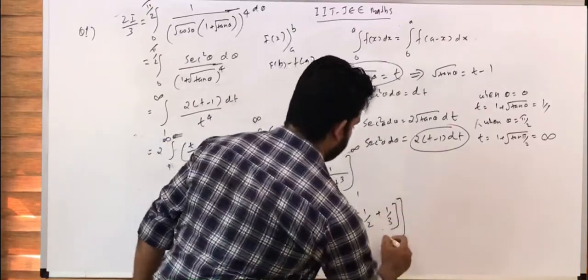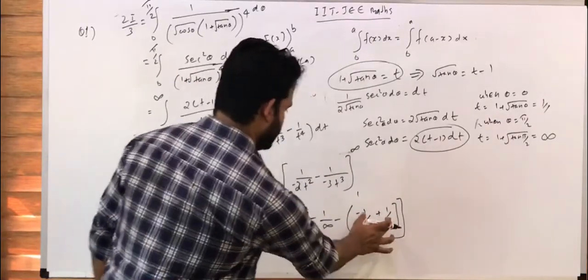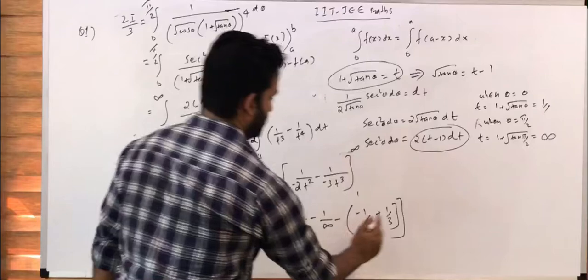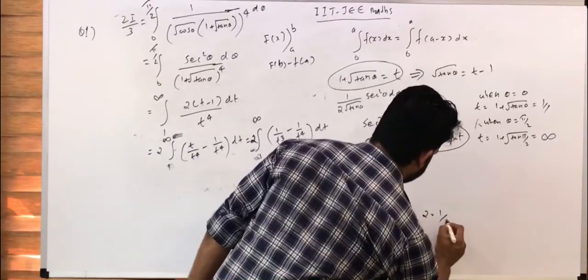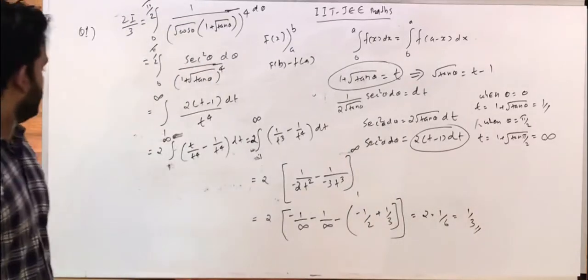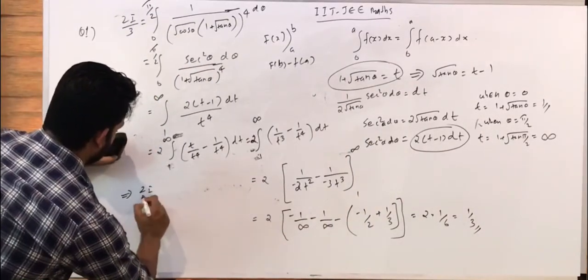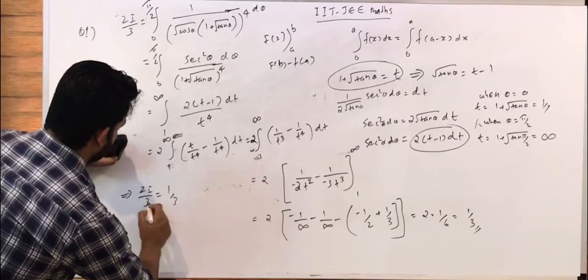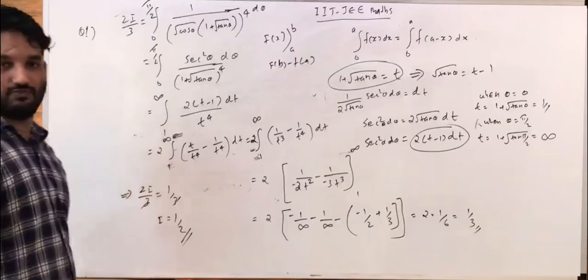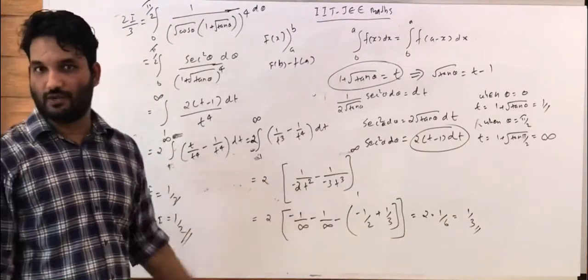Okay. So when we solve this value, we get minus 1 by 6 into minus, plus 1 by 6, that is 2 into plus 1 by 6, that is equal to 1 by 3. So we get 2I by 3 equal to 1 by 3. So I becomes 1 by 2. So this is the final answer. I is equal to 1 by 2.